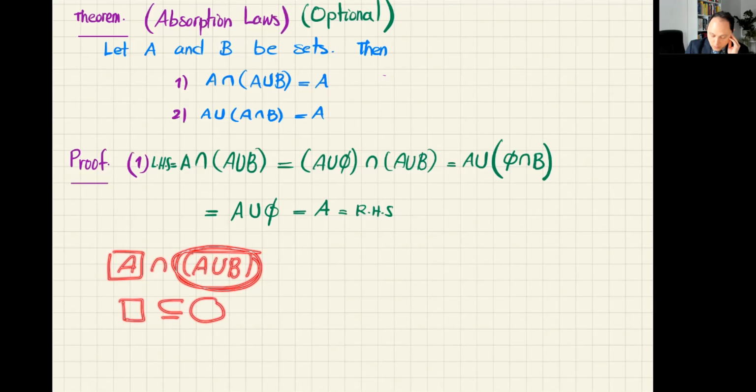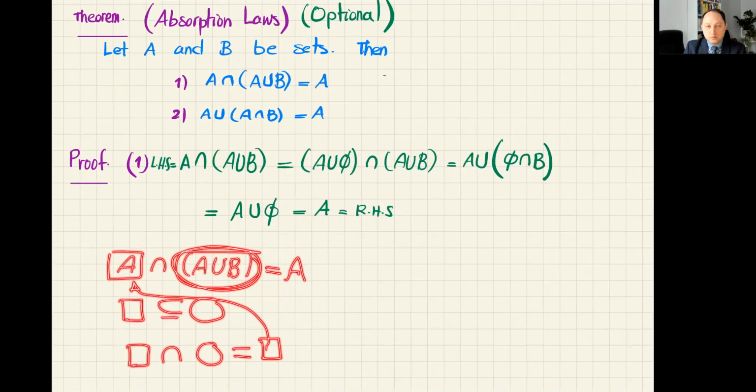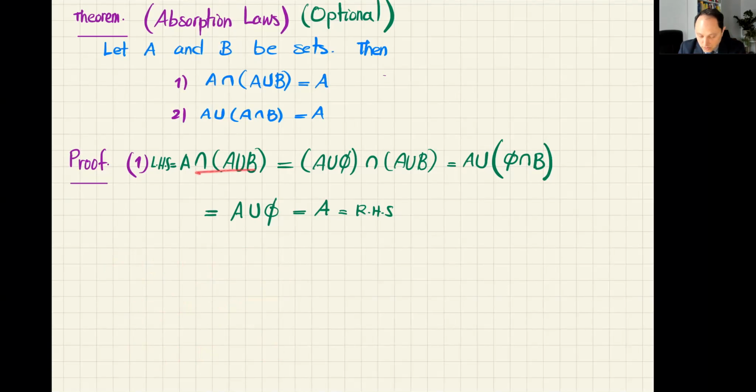So if I ask you what is the intersection between these two, you immediately answer it's the smaller one. But what is the smaller one? The smaller one is A, so the answer is A. That is also a complete rigorous mathematical proof. It needs to be written in words, but here you really don't need to write anything in words, which is why I prefer to write it this way. So this is the absorption law.